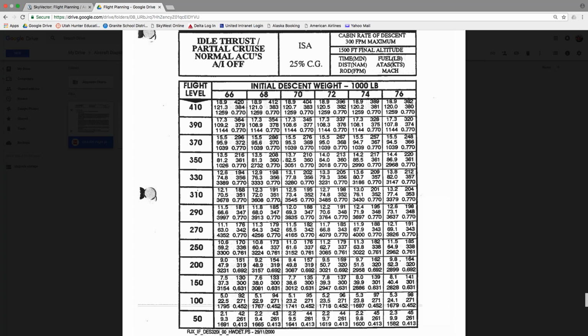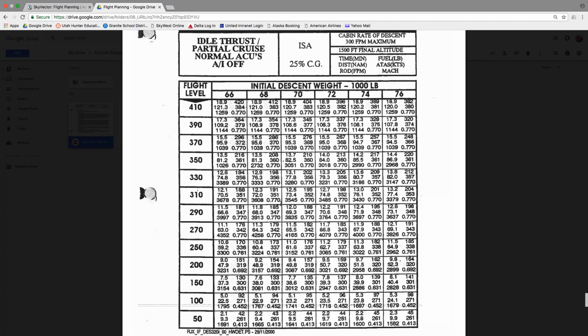So on the descent weight again, you said takeoff's 300 pounds off. Okay, so takeoff 64,215. For our landing weight, we just take the burn off, which was minus 3,700 pounds.